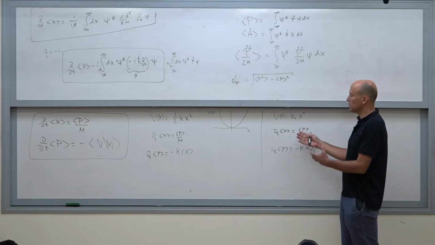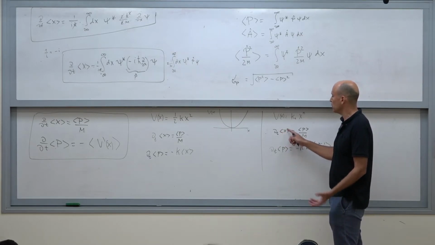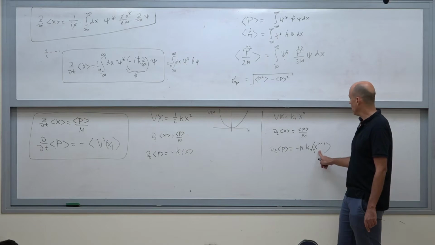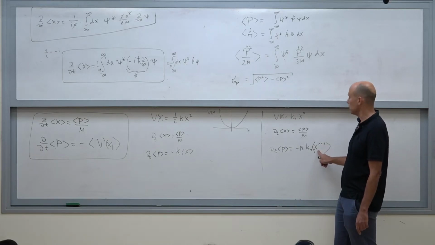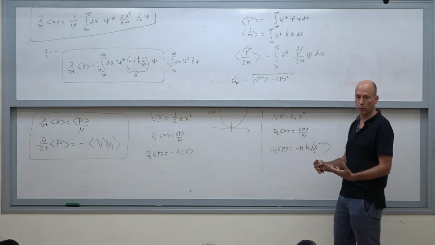So, in fact, this is not exactly an equation, because it's not a closed set of equations. You have the time derivative of x, you have p, you have the time derivative of p, this guy. But to know the dynamics of this guy, you need to take the derivative of this, which is nonlinear, and that will give you another equation, and so on and so forth.